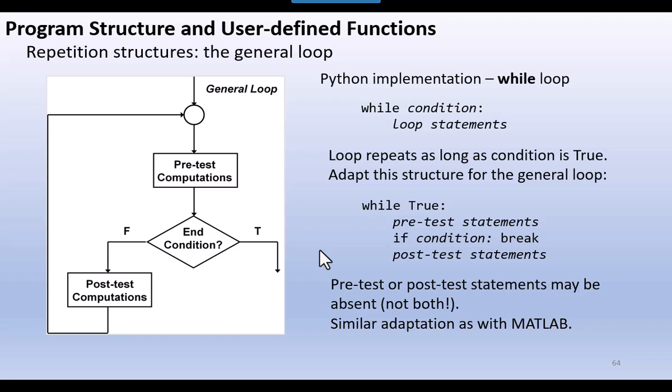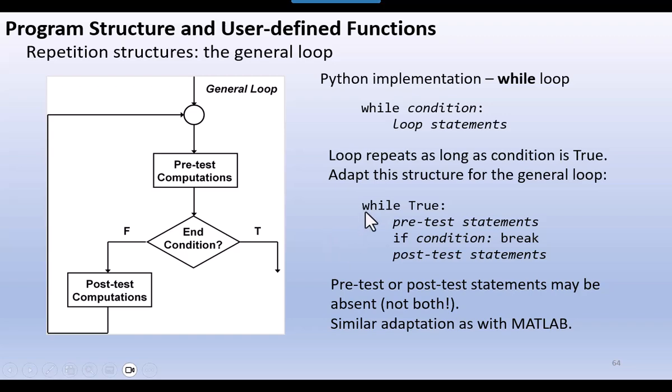So here, the structure that we use is a while structure where we have while, condition, do the loop statements, and then do it again until the condition changes. That's the general structure, and what we do is that we rework this structure so that it can operate like our general loop flowchart over here.